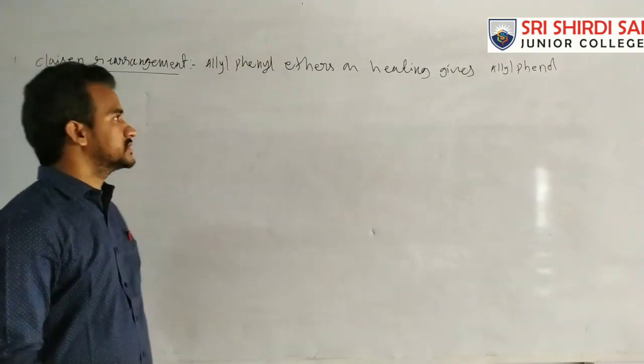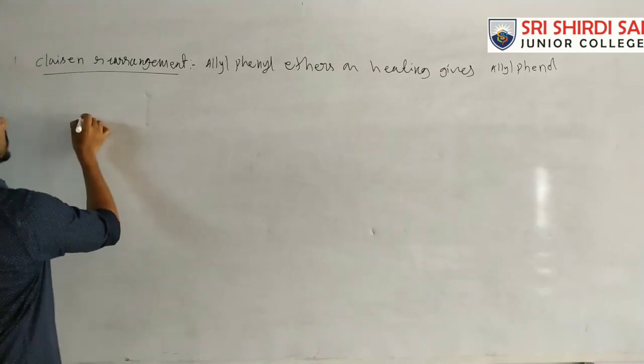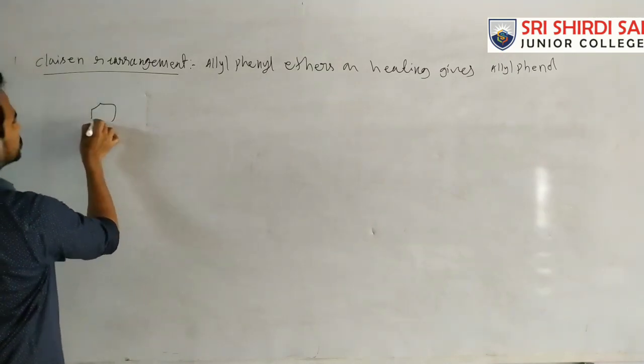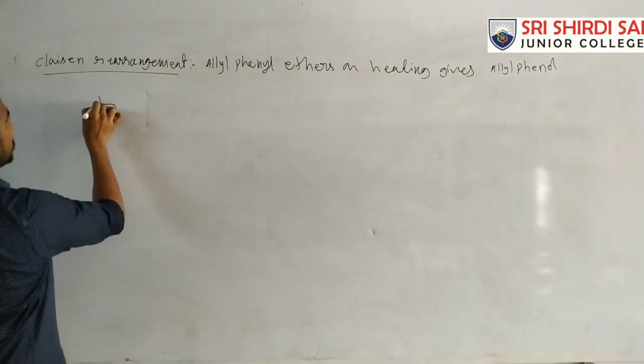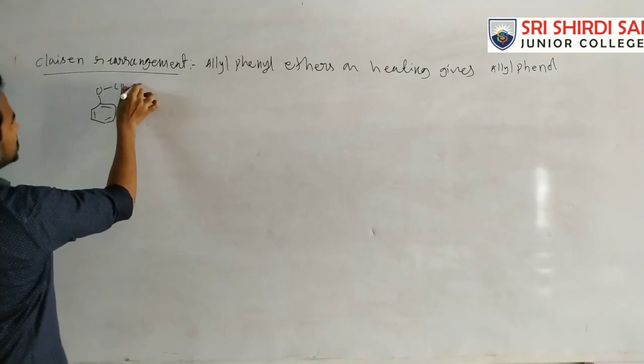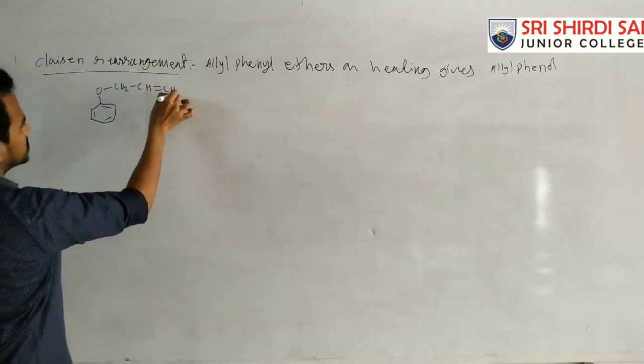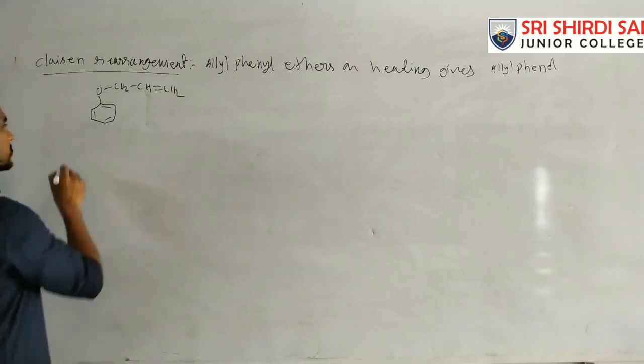Allyl phenyl ether means here this benzene, O, CH2CH double bond CH2. This is the allyl phenyl ether.